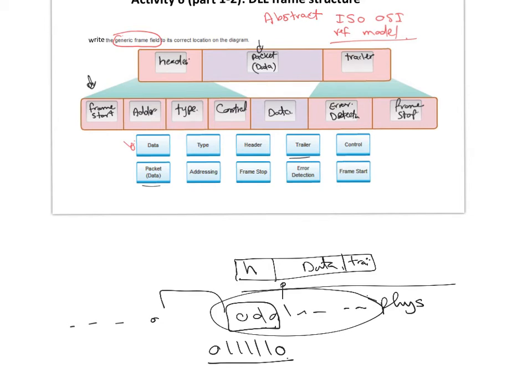Once we have this, in the logical link control, it's done in software, right? So we form a data structure. Remember the structure in C or a class? So we form a structure that has a header, this is one parameter, the data, and the trailer.